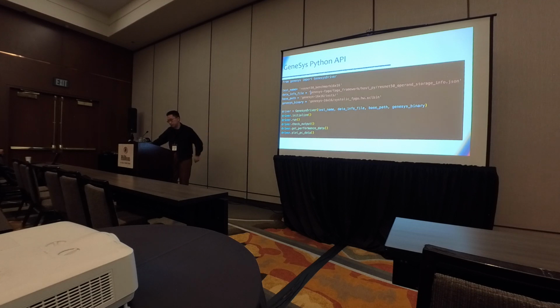It's all encapsulated. It has initialize, which prepares all the files and the synthesized hardware and puts it on the FPGA. This is in the context of the FPGA, by the way. And it has run, and check output, which compares the golden output to the output of the FPGA, and it has performance data.